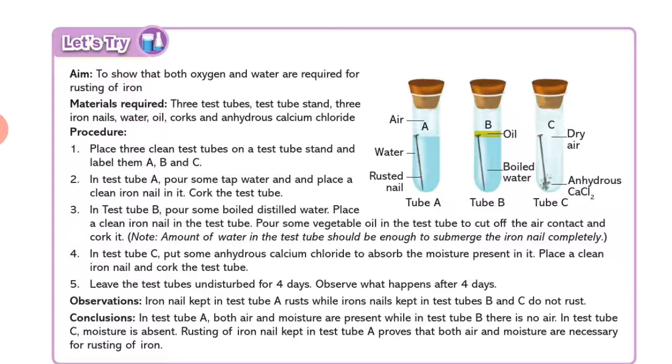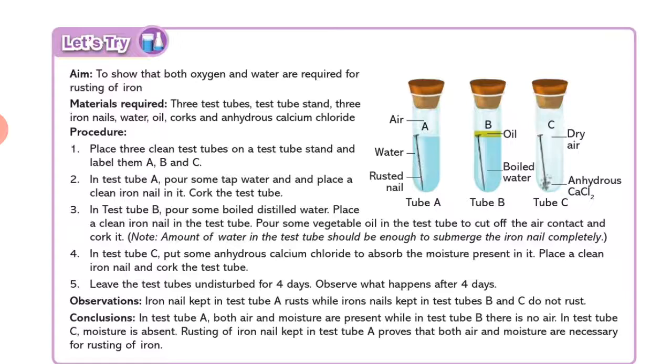Leave all the 3 test tubes undisturbed for at least 4 days and then observe what happens. The iron nail kept in test tube A rusts while the iron nails kept in test tubes B and C do not rust. What it concludes: in test tube A both air and moisture are present.